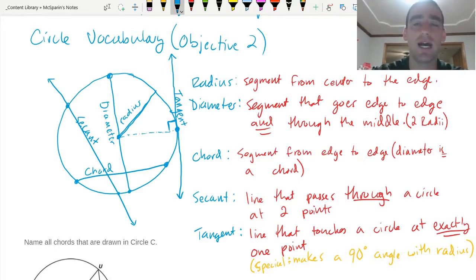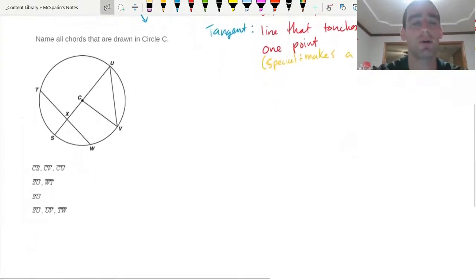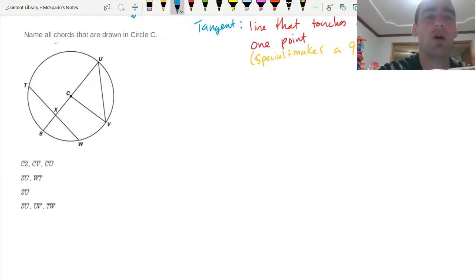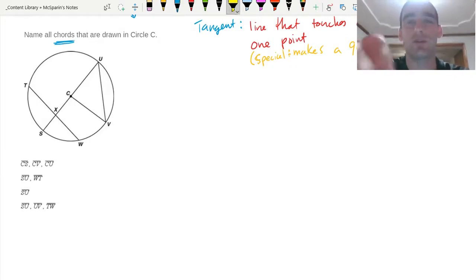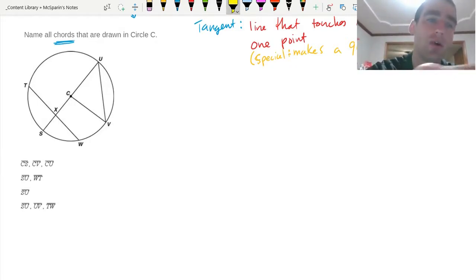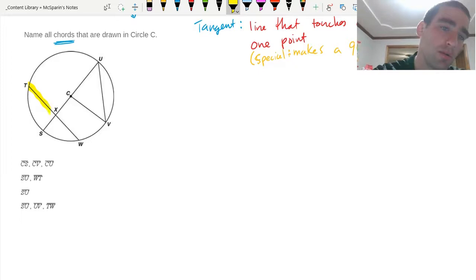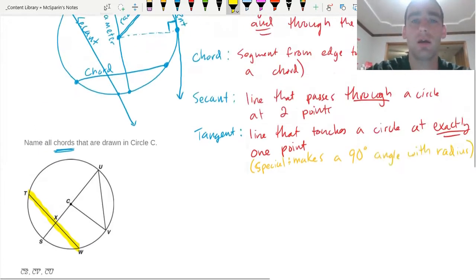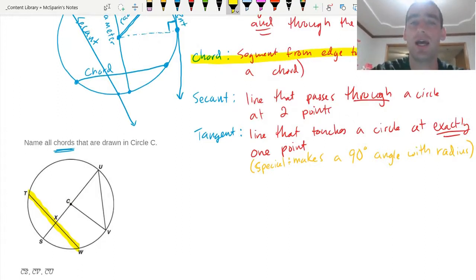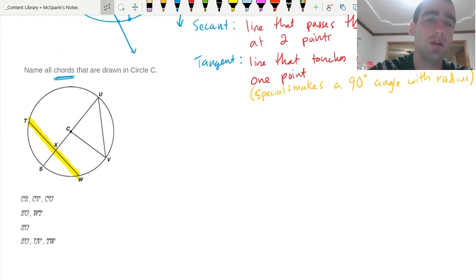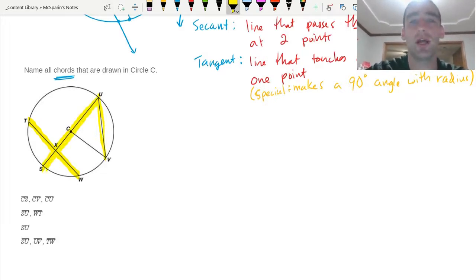Real quickly, let's do a diagnostic question. You're going to see this is pretty easy, okay? So this wants all the chords. So I'm just going to highlight those. So I see that TW goes from edge to edge. Remember, chords are edge to edge. UV, that goes edge to edge. SU, that goes edge to edge.